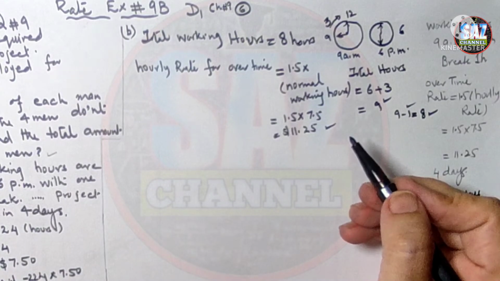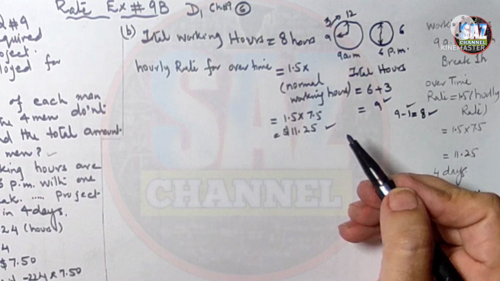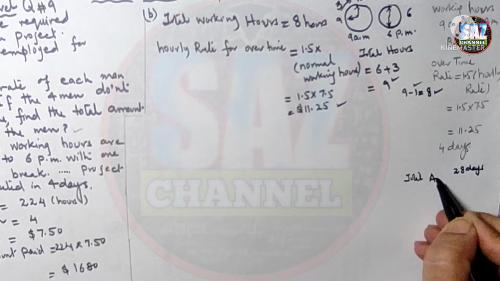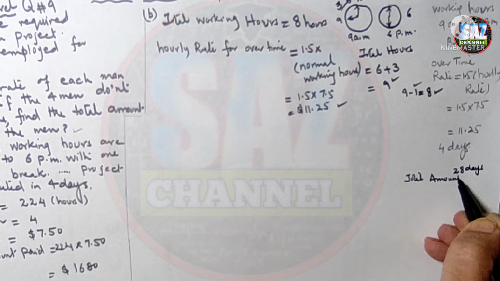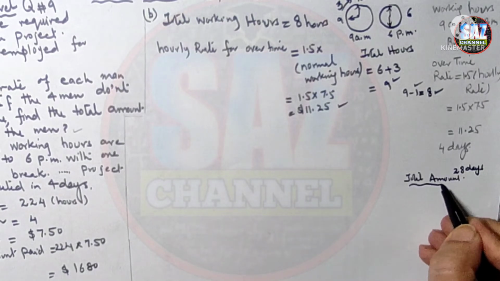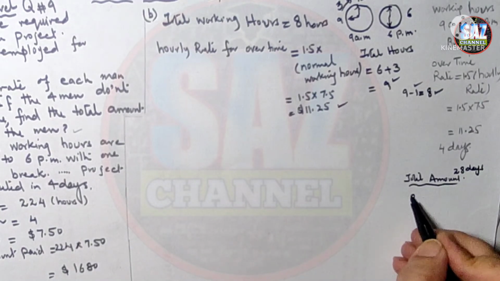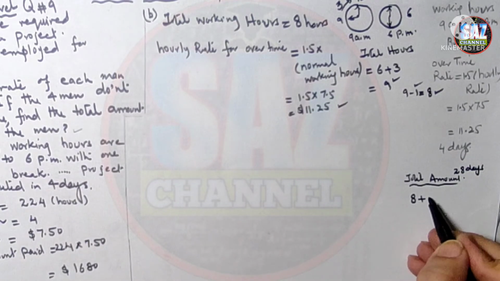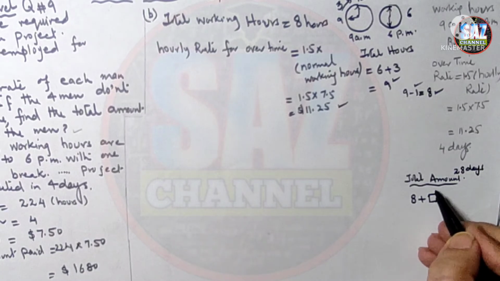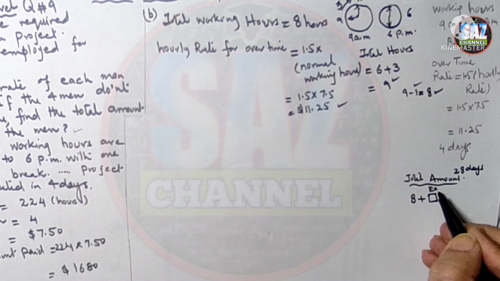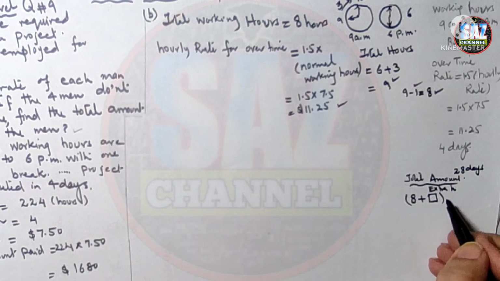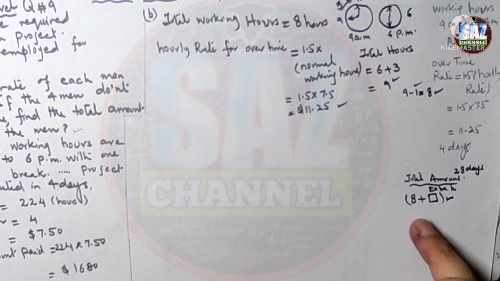Now what is the requirement of the question? We have to find the total amount to be paid. They are already working for 8 hours, and obviously they have to work some extra hours. We do not know those extra hours. This is the expression for one man.